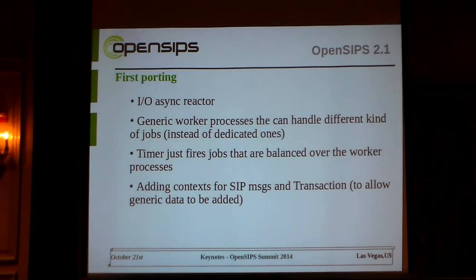For example, that's required for some new work related to SIP message encoding or compression. So this is the first porting from the OpenSIPS experimental to the mainstream, and that's why we have the shift from 1.x to 2.x, because it reflects this new era in the OpenSIPS architecture.